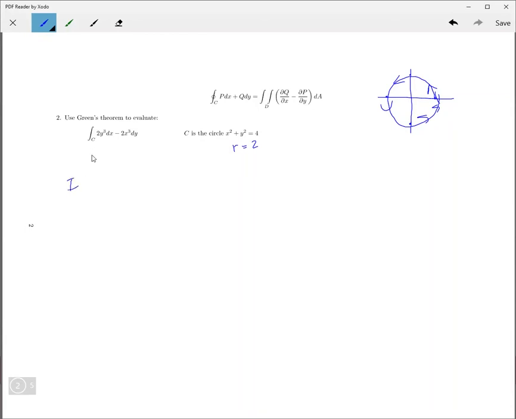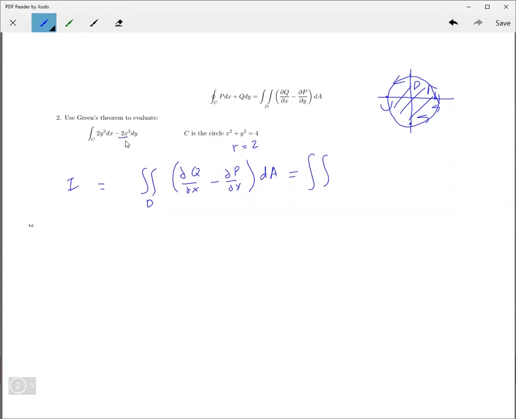Okay, so this integral is going to be equal to the integral over this region here, D, of dQ/dx minus dP/dy dA. So what is dQ/dx?